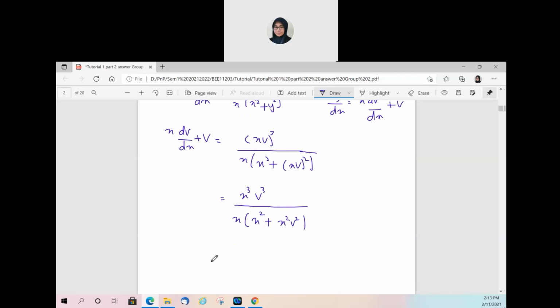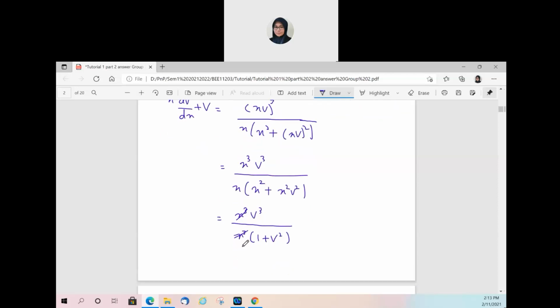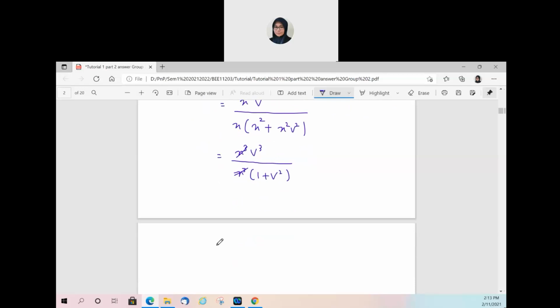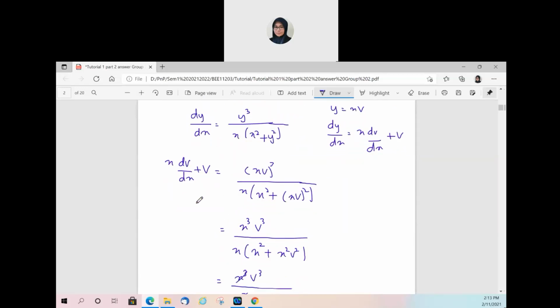This x and this x cancel. And now your equation will be v cubed over 1 plus v squared.